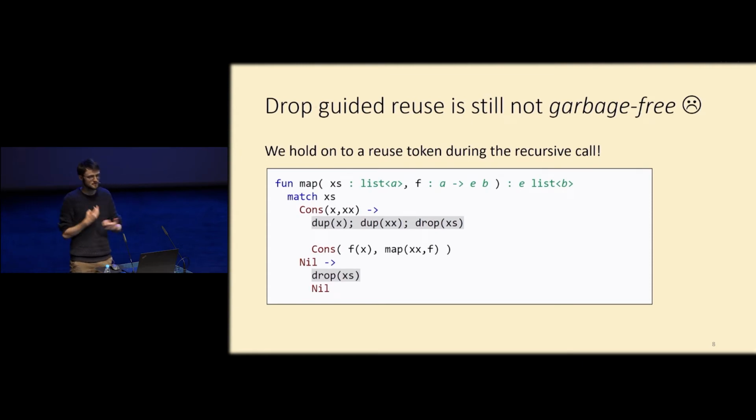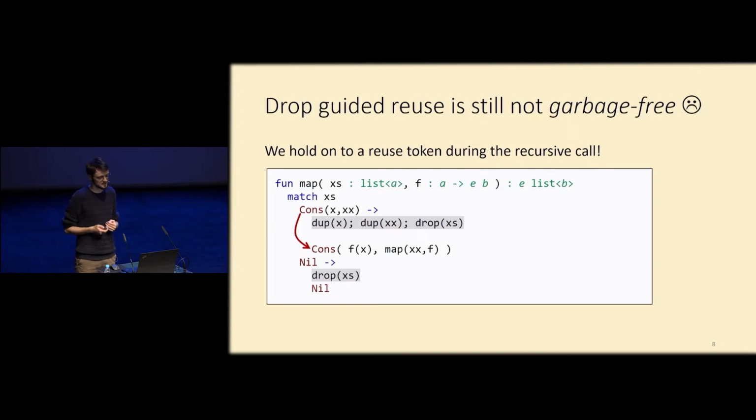However, we still had a bit of a problem with this, because the Perseus algorithm, as I've just said, is garbage-free, which means it will never hold onto a cell longer than it needs to be held onto. But this is not true of previous reuse analysis, and it's also not true of our reuse analysis. Because if we take a look at this map function here again, we would normally drop XS.